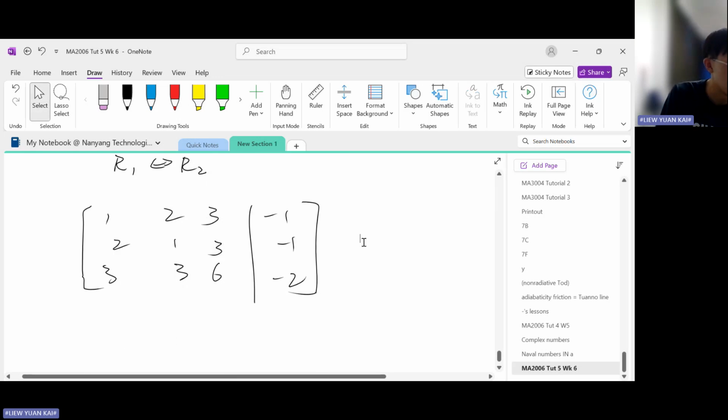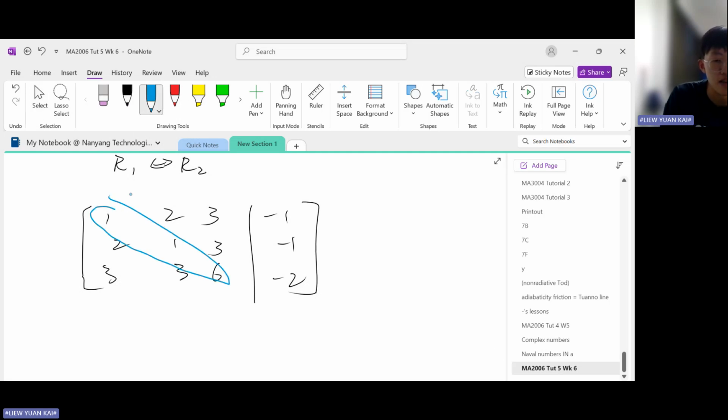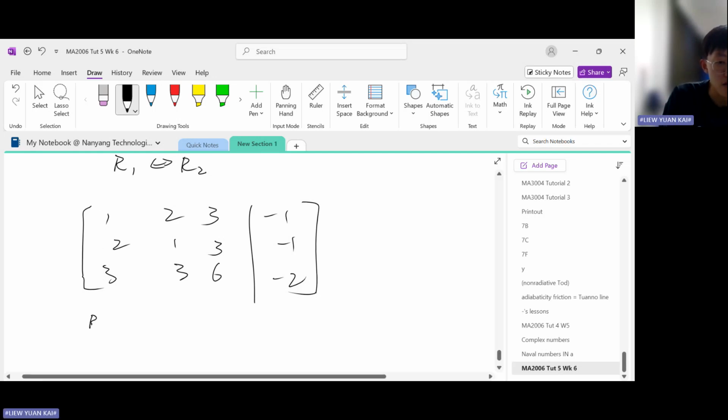The reason why I do this is so that this will become 1. Remember, I said if you can, make these diagonal entries all 1. Now we are going to use this 1 to kill the 2 and kill the 3. When I say kill, I mean eliminate. So row 2 will transform to become row 2 minus 2 row 1. Row 3 will become row 3 minus 3 row 1.